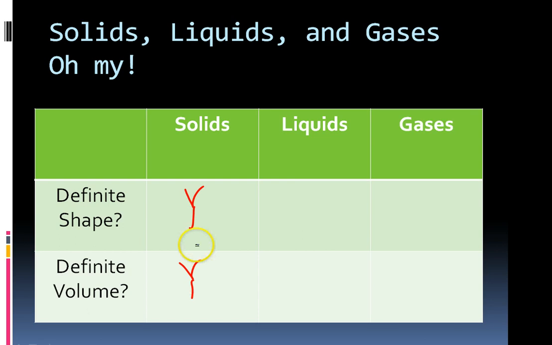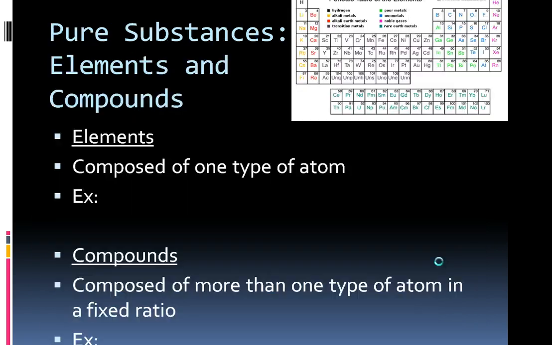Now liquids will change shape when we put them in a container, but they'll still stay the same volume. So we say they have a definite volume. And lastly, gases. Gases have neither a definite shape nor a definite volume. And they'll take the shape and size of any container you put them in. So that's what we call the shape and volume of solids, liquids, and gases.